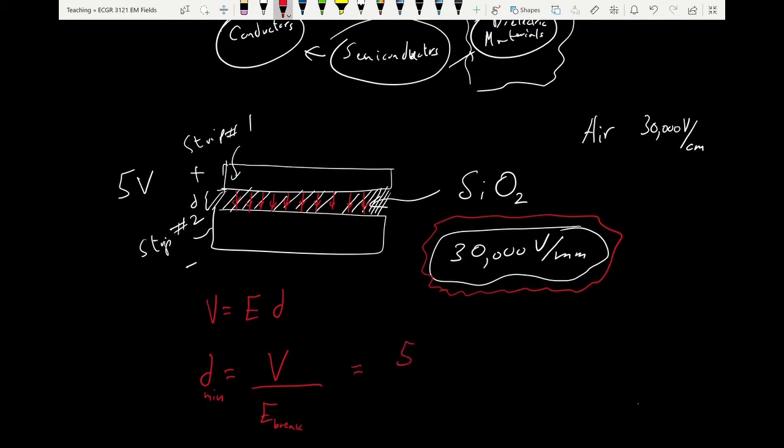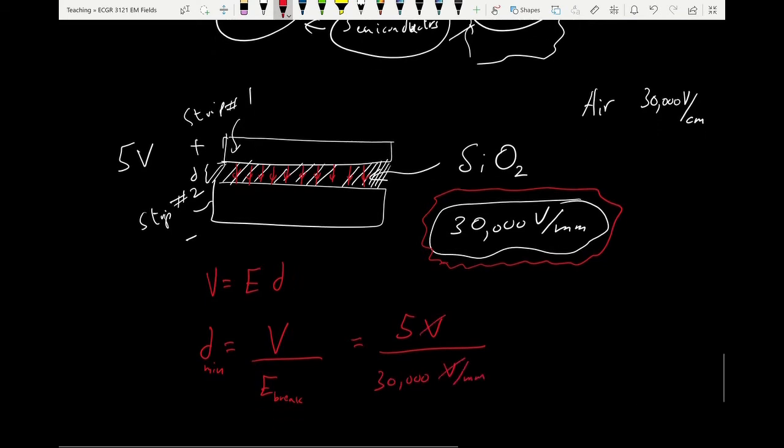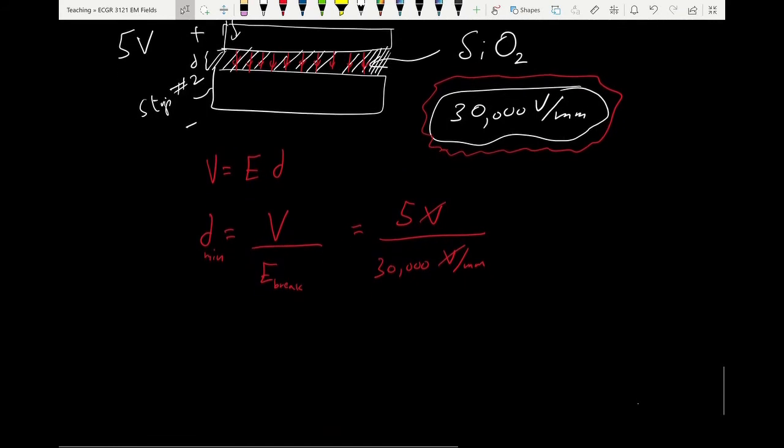V is 5 volts, E breakdown is 30,000 volts per millimeter. Volt goes with volt. We end up with millimeter, I do this calculation, I end up with 1.67 times 10 to the power minus 7 millimeter, which, multiplying that by 10 to the power 6, I get 0.167 micrometer.